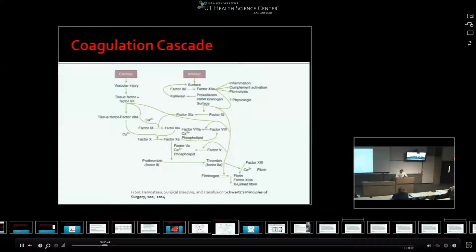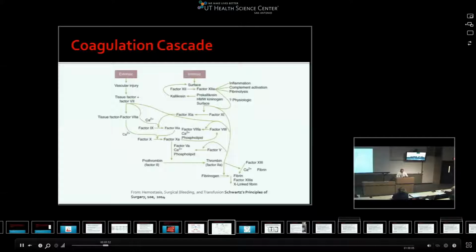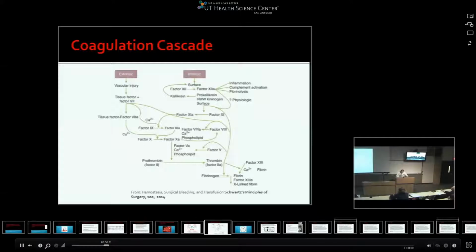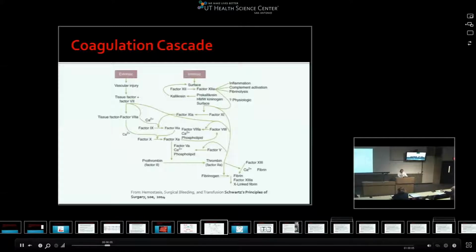In the extrinsic pathway, tissue factor is released from the surface of the endothelium and binds circulating factor 7. Both pathways then converge at factor 10. Factor 10 gets activated to factor 10a. Prothrombin gets converted to thrombin and fibrinogen to fibrin. Clot formation occurs, and fibrin monomers are cross-linked to polymers together with factor 8.